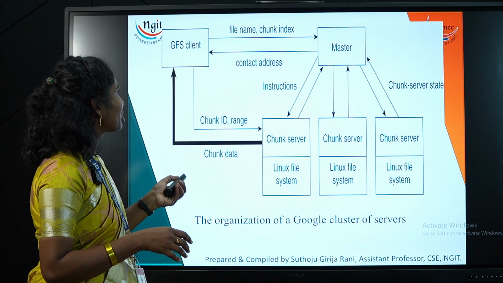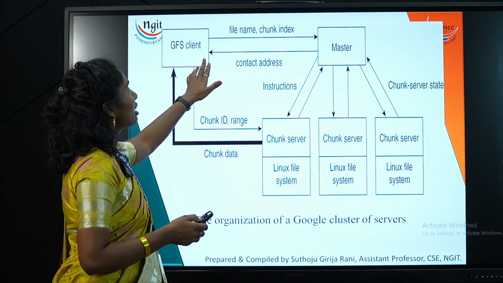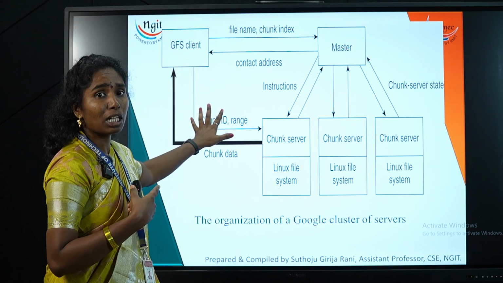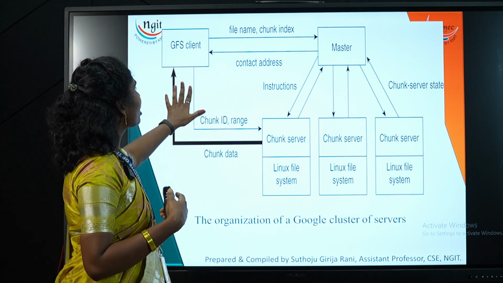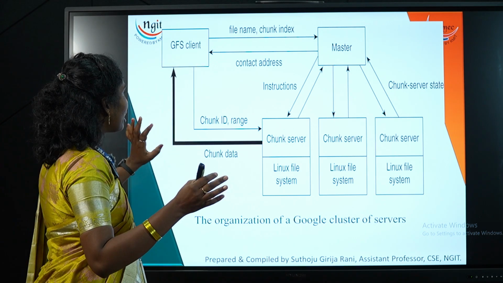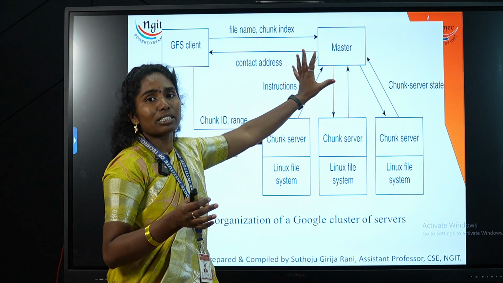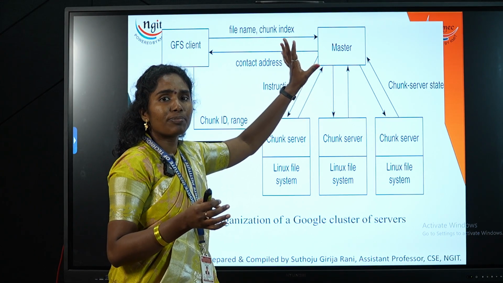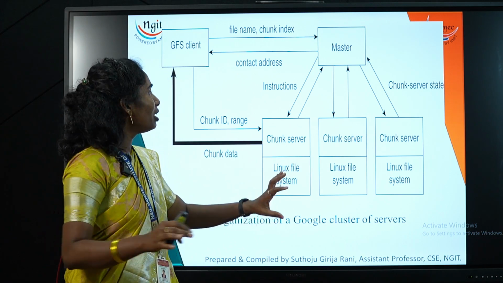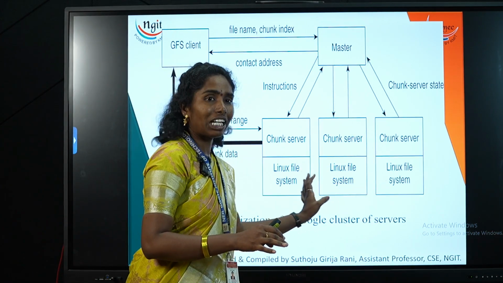Now this is the GFS client. Coming to the GFS client, this is nothing but where you are going to have all the data. I mean, GFS is the Google file system, right? In the Google file system, if we are searching for some content, immediately my master points to the place where all the server chunks will be available. Now all the chunks are available with the file system.